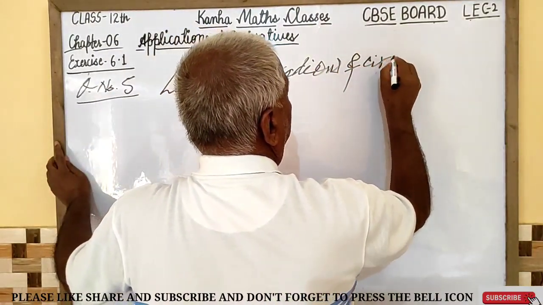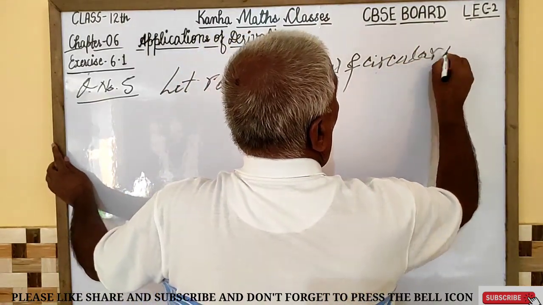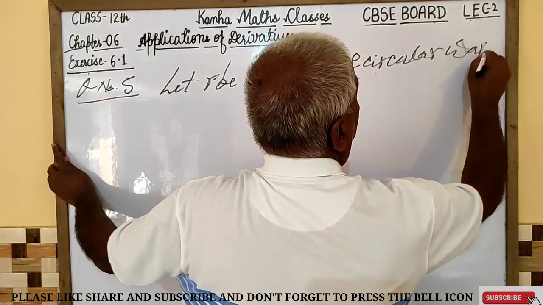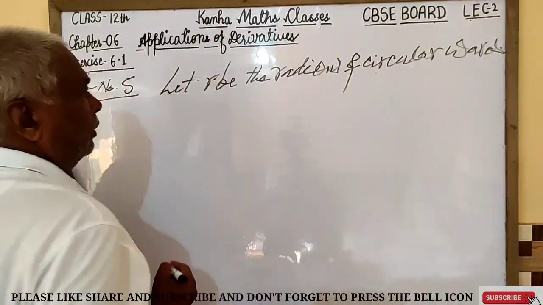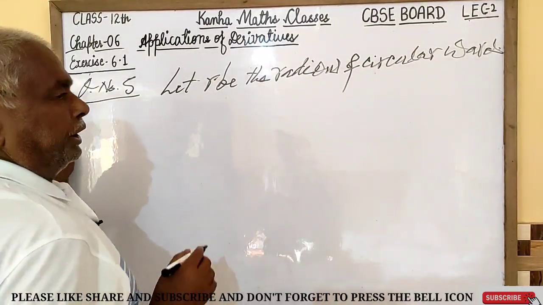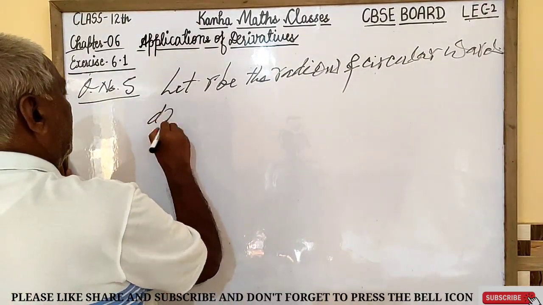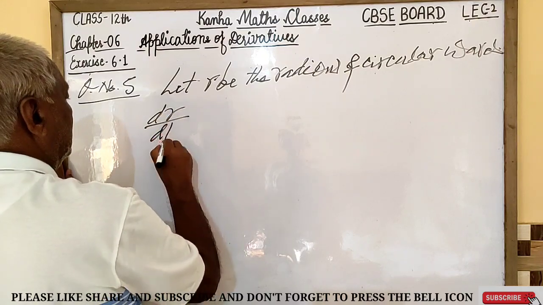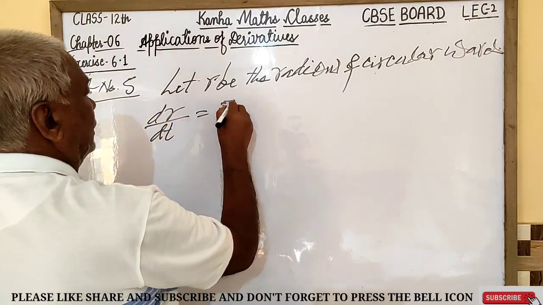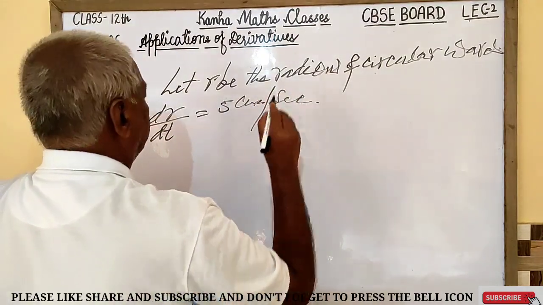Hence, according to the question, dr by dt, the rate of increase of the radius of the circular waves, is given as 5 centimeter per second.